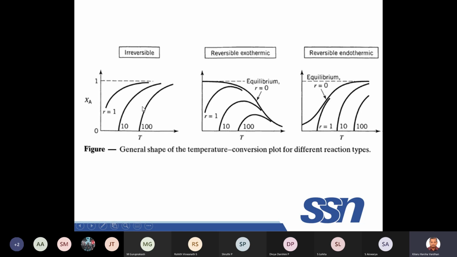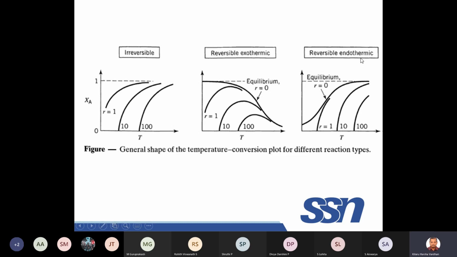Now we'll come to one more point. Having covered irreversible, we come to the reversible process, reversible endothermic. What does that mean? The reaction is reversible, that is, A is giving R, and R is again giving back A. But it is endothermic, in the sense the reaction happens only when you give the heat.